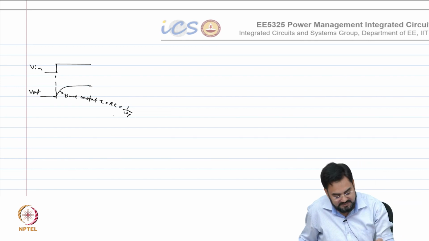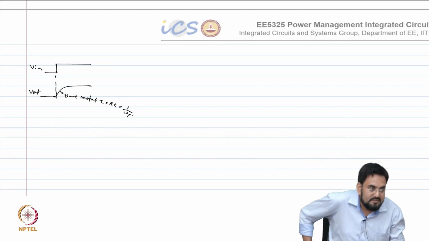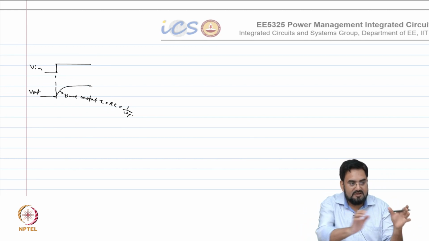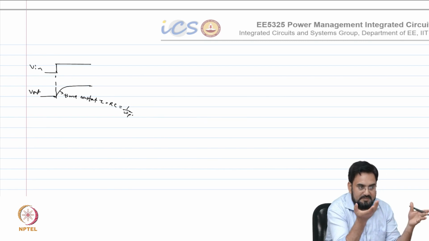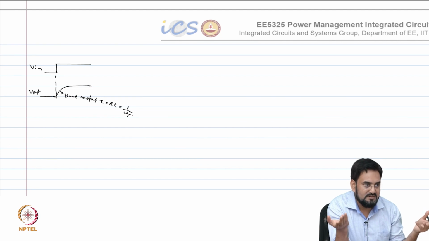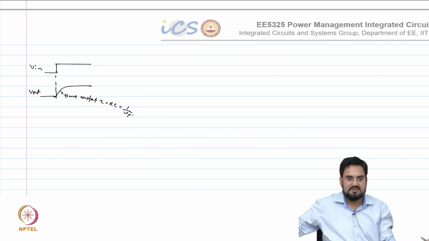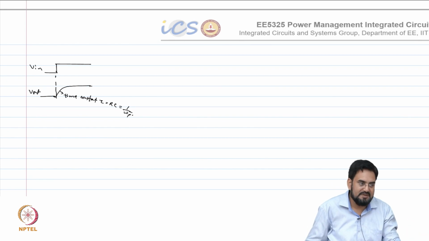So let me say omega p dash. So the location of the closed loop pole will change when you connect the feedback. In the first order system, obviously it will be pushed by the gain times omega p, but in the second order system it becomes a little bit more complicated.